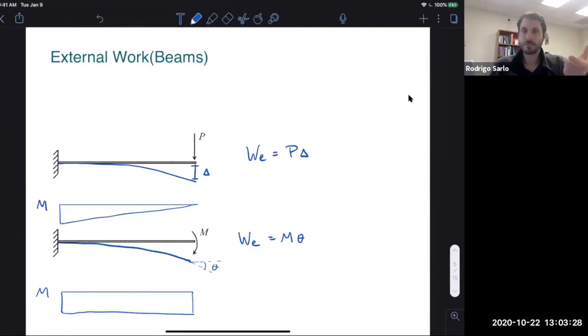The disadvantage of principle of virtual work is that you solve for deflections in a discrete way. So for every deflection that you want, you need to define a new virtual system. By doing the double integration method or some other analytical methods, what you do is you get an equation for the deflection, for the deflected shape.